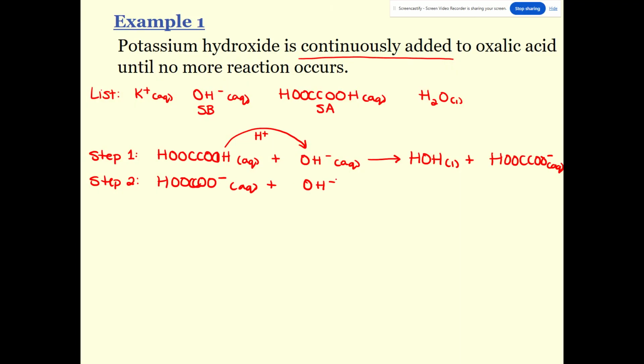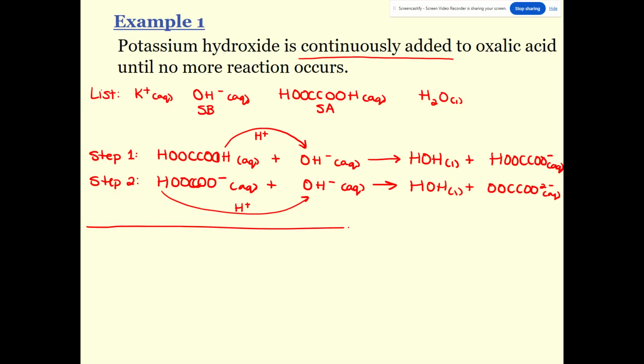Again, there's a second OH because it says the potassium hydroxide is being continuously added. So we're going to transfer the second hydrogen ion from this organic acid to make a second water molecule, and OOCCOO 2 minus. It now has no more hydrogens left to lose.